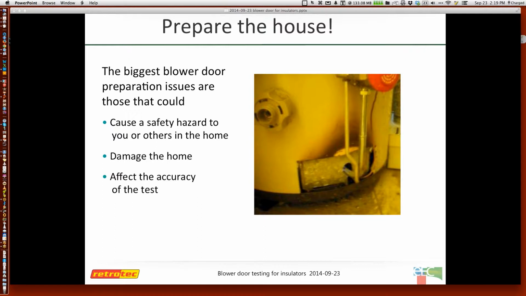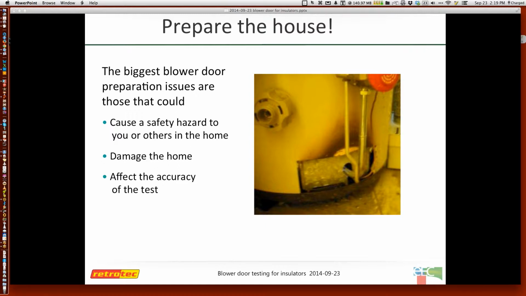Someone asked, is it possible to use the DG700 manometer with a Retrotec 1000 and vice versa? The question is, can I use the DG700 Energy Conservatory gauge with the Retrotec fan?